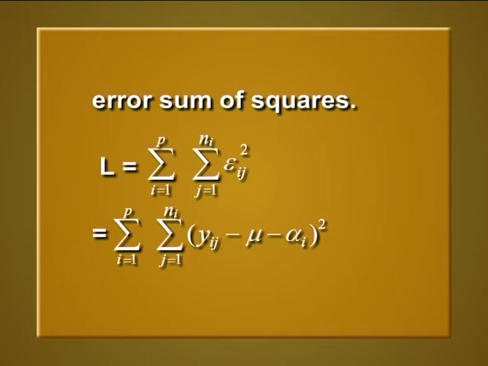So, the error is epsilon ij = yij - mu - alpha i, hence the error sum of squares from all the observations together is the double summation of epsilon ij square, that is the double summation over i and j of (yij - mu - alpha i) whole square.